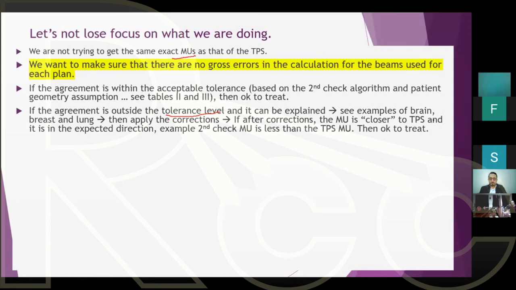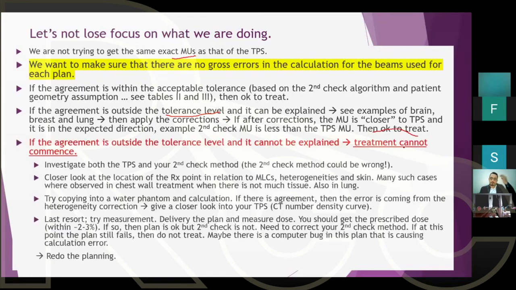So you have to look into all these things, and you as a second checker physicist, you have to make all these corrections now to the MU. What you're trying to do is bring the agreement into the tolerance level, okay, 5%. If you do all these things and the MU is moving closer towards agreement, then it's okay to treat.